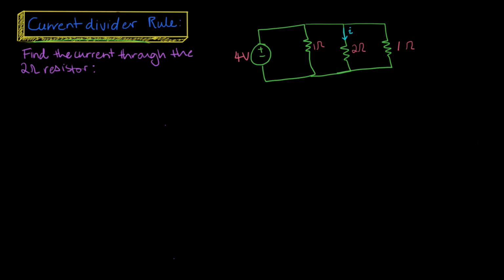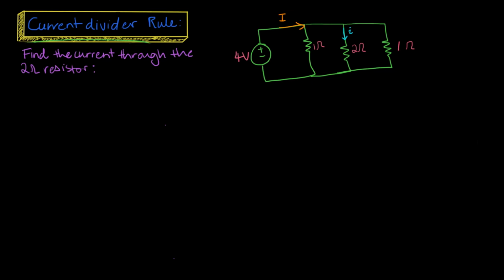So, our first step is we need to find our source current, or what is the current going into all 3 of our resistive branches here. So, to find that, we need to do a little bit of simplification and collapse all 3 of these resistors down into one resistor. And that way we'll have a simple VIR circuit. Let's do that.